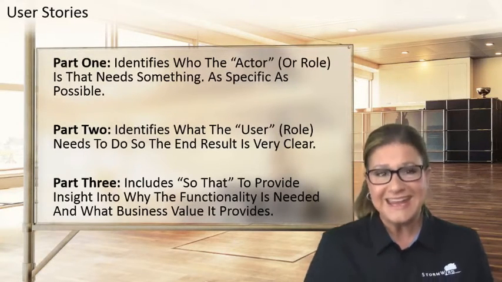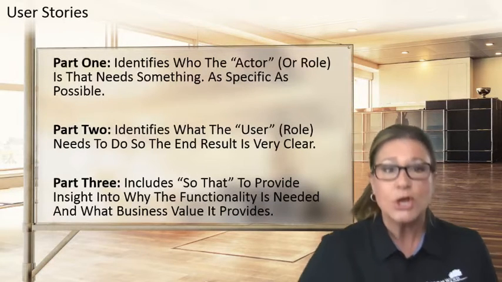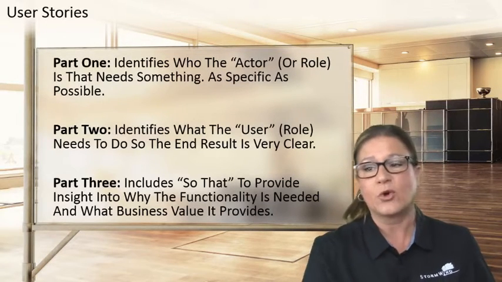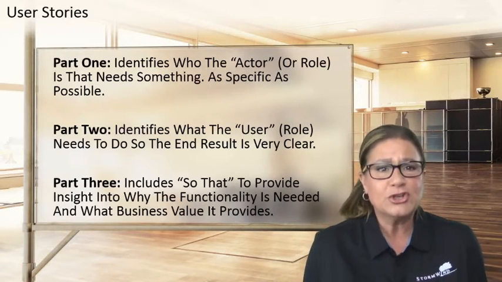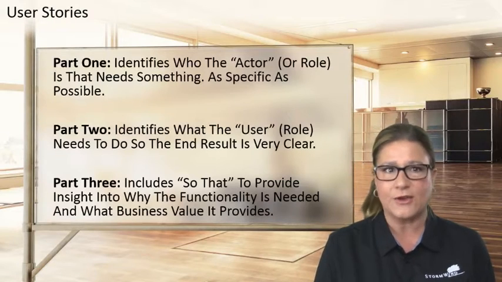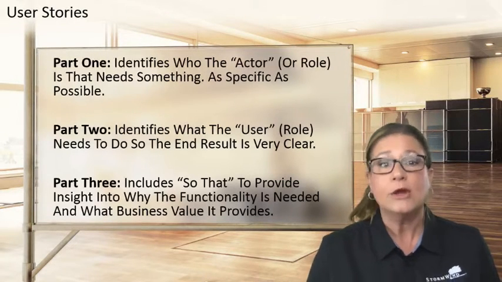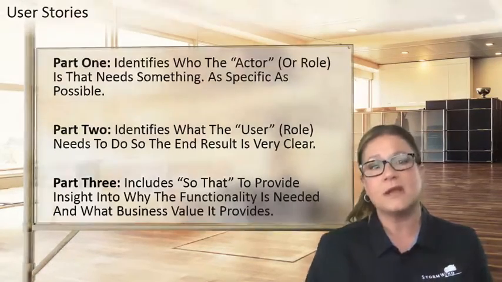Part 3 includes very simple words like "so that", we have more information to provide insight into different ways why the functionality is even needed in the first place, and also what business value does it provide for the user and or end user. In this case, it's going to be the customer.